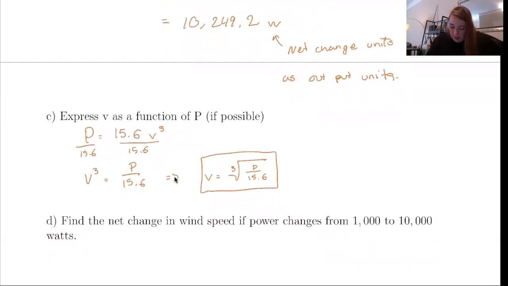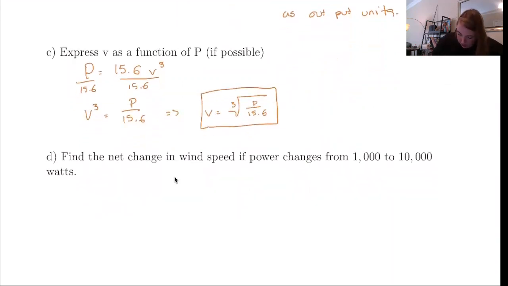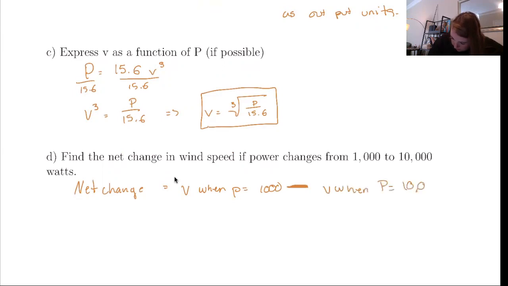Now we're asked to find the net change in wind speed if power changes from 1,000 to 10,000. So that would mean the net change in this case would be V when P equals 1,000 minus V when P equals 10,000.